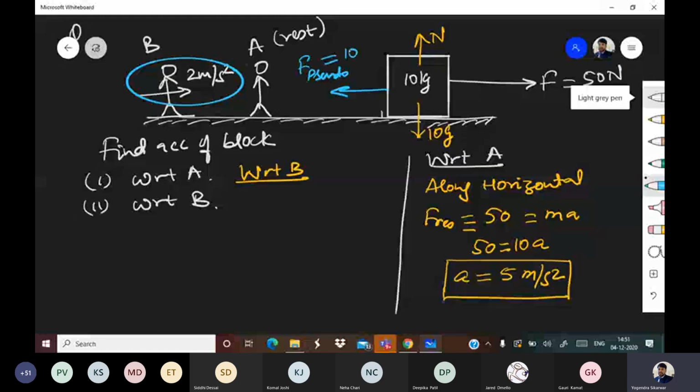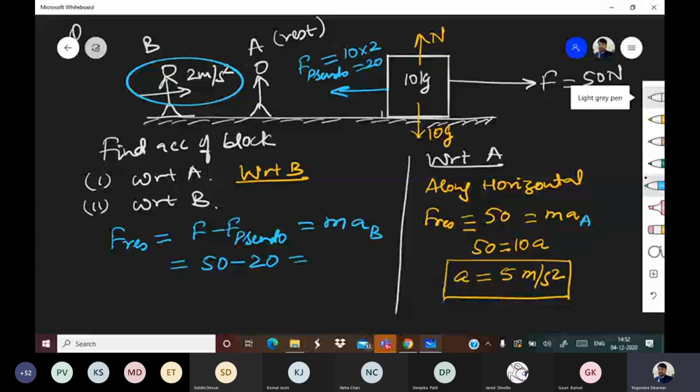M, which is 10, into A ref, that is 2, so that comes out to be 20. Now pay attention everyone. Why have we applied the direction of pseudo force opposite to the acceleration? Because that's how it is defined. So F resultant with respect to B is how much? F minus F pseudo. So that means 50 minus 20, and that should be equal to M into A with respect to B.